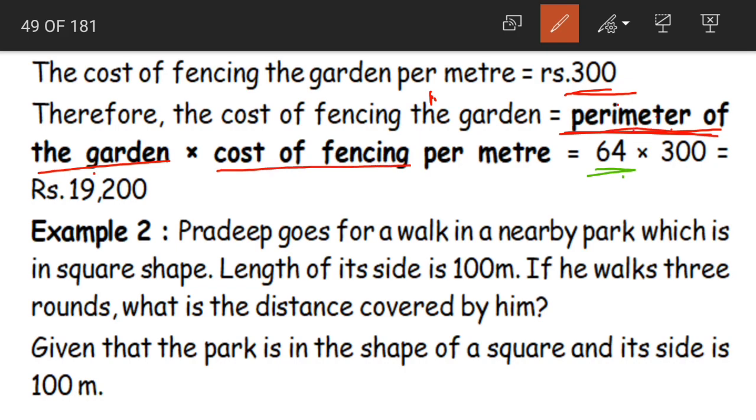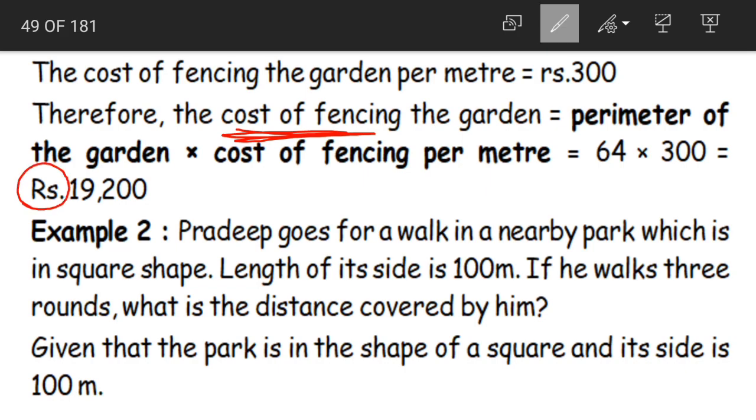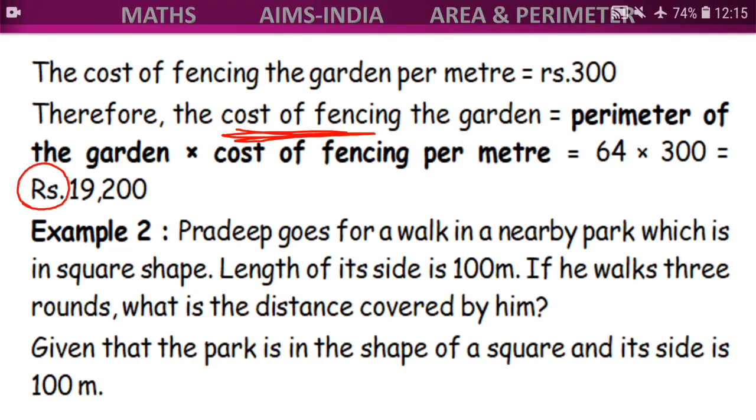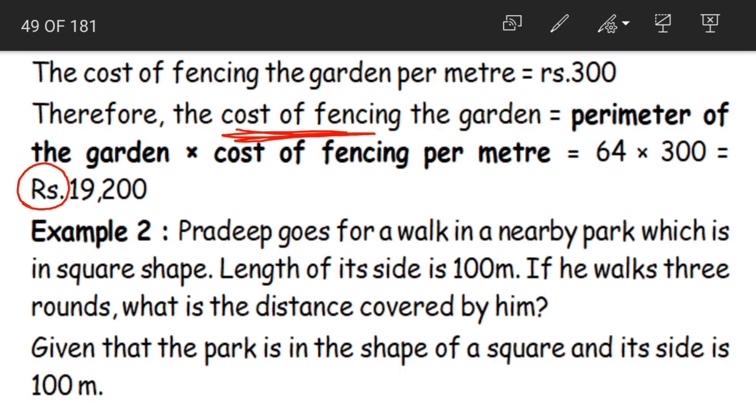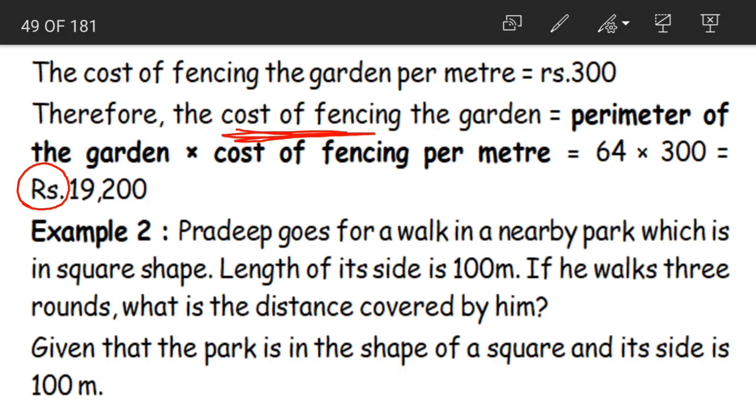Yes, perimeter into cost of fencing per meter. That is equal to 64, that is our perimeter, into 300, that is the cost of fencing per meter. When we multiply these two, what is this? The final answer is the cost. That is why we are writing rupees. The final answer is 19,200 rupees. I hope this is clear, children.